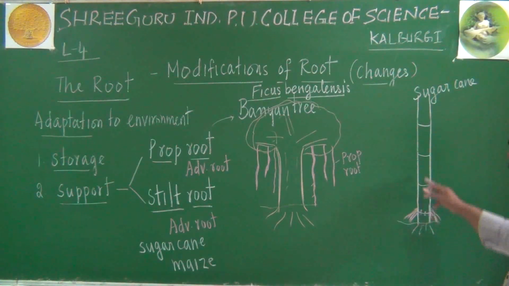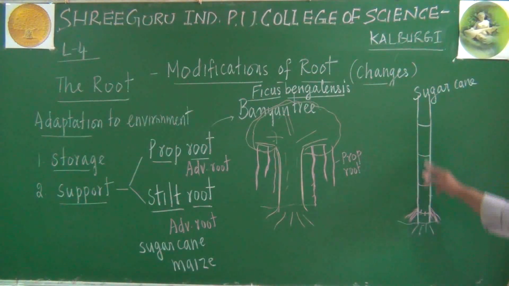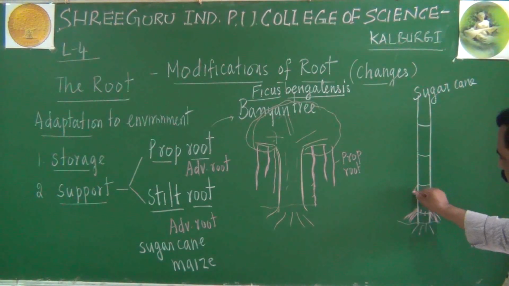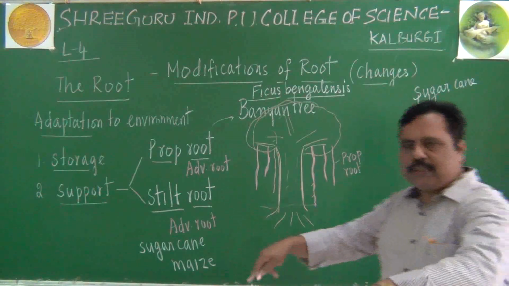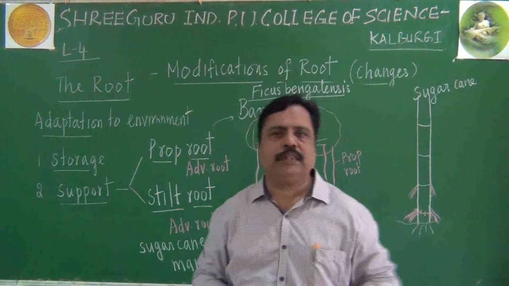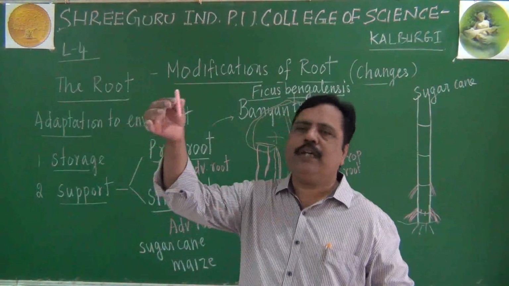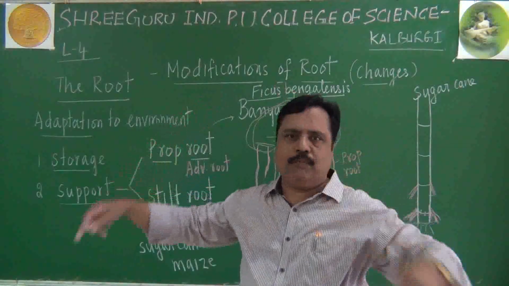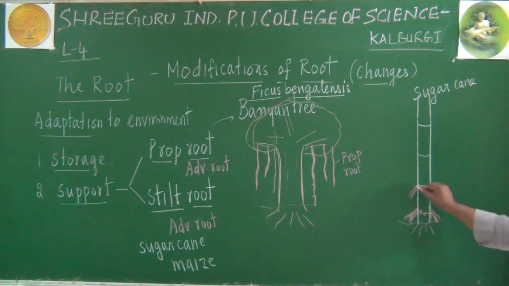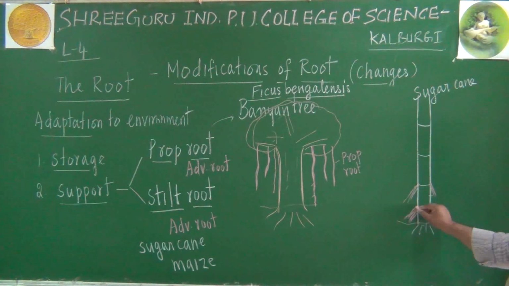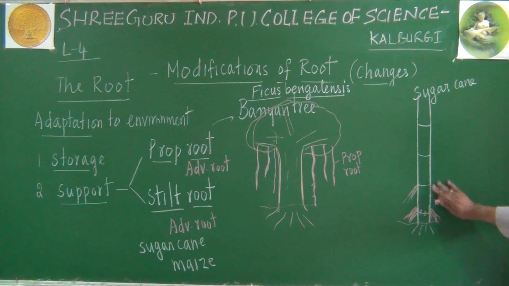You could have observed in the lower portions of the sugarcane, we could have come across some roots like this. They will be fixing the plant properly in the soil. As if we are fixing some antenna with some wires, just like that, this elongated stem will be fixed into the soil by means of this type of root.